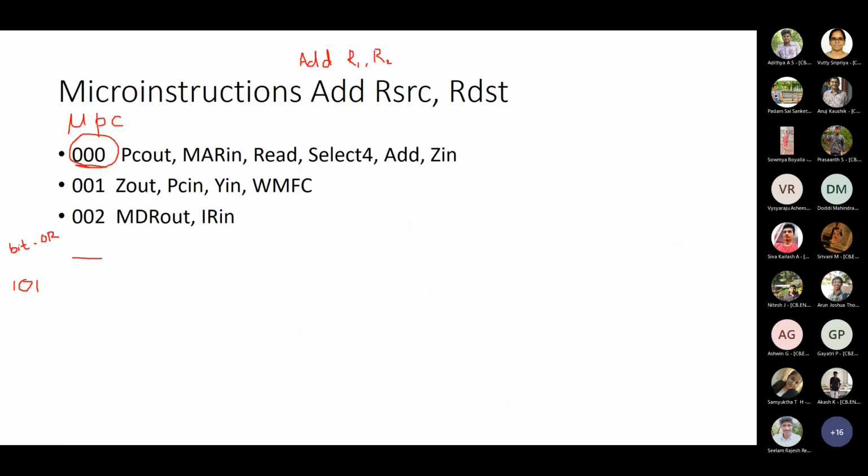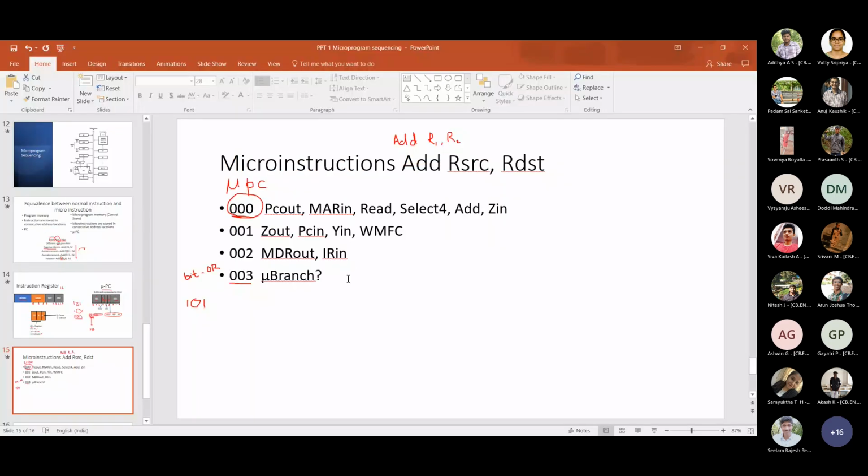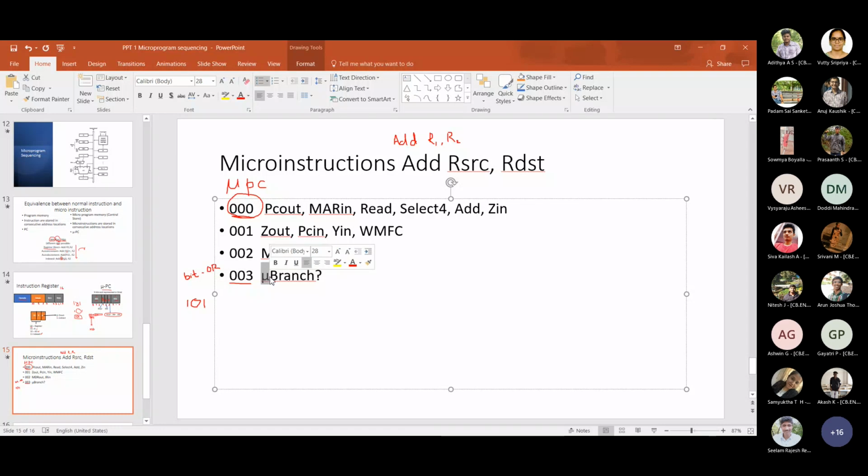Okay, so coming here, so how do we realize this micro branching? Since it is add operation, so first you load the MUPC. I'll write it here so that you can copy it if you want. You will load the MUPC with 101 first because it is add operation.